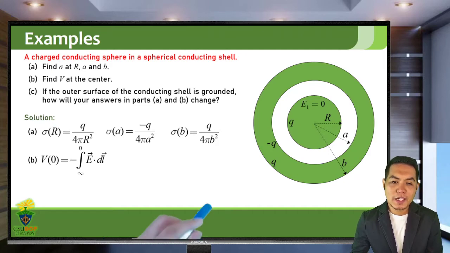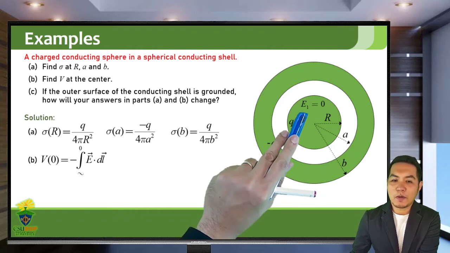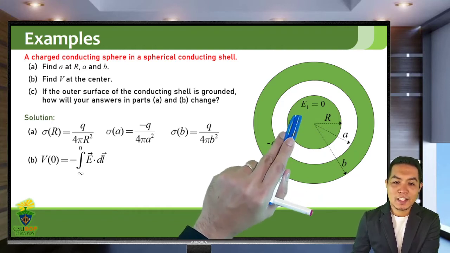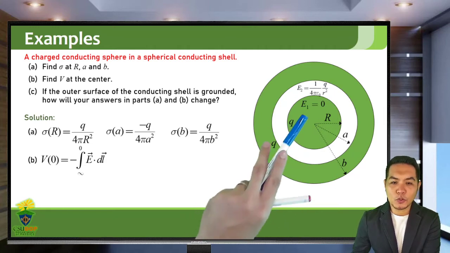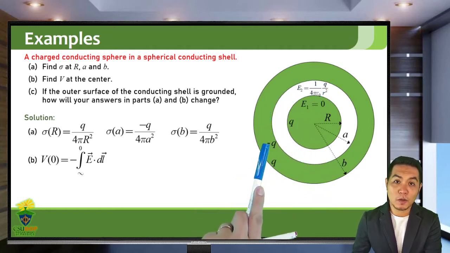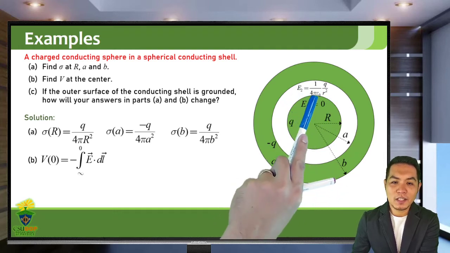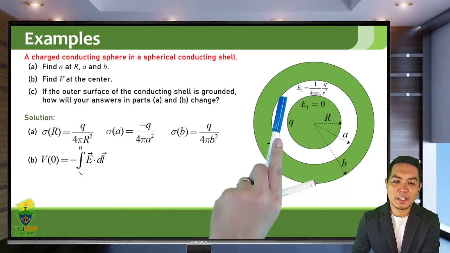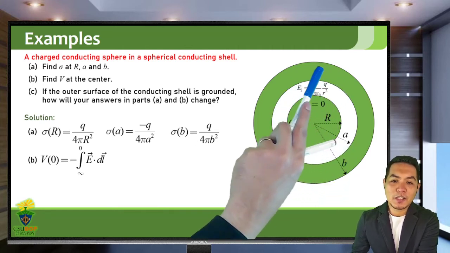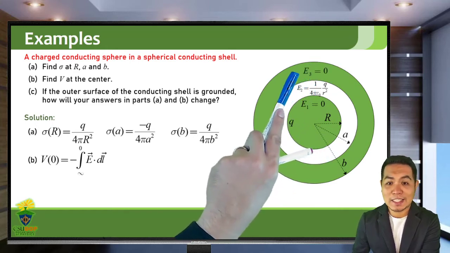In the interval from 0 to capital R, the electric field, say E1, region 1, is actually 0 because that's a conductor. For region 2, we have actually solved this problem: the electric field outside a charged conducting sphere is just 1 over 4 pi epsilon naught, Q over r squared. For the region from A to B, since that's still the bulk of the conductor, the electric field there is 0.